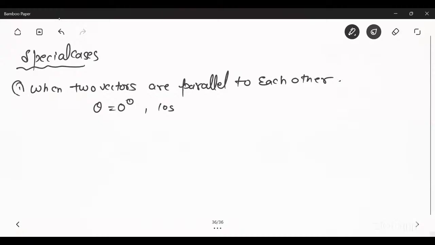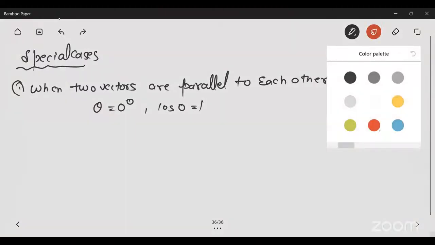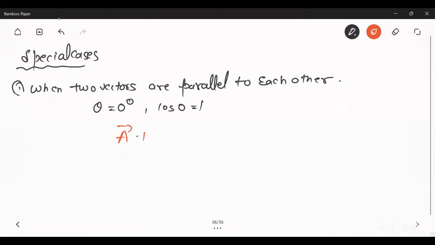So A dot B is equal to mod A mod B cos 0, and cos 0 is equal to 1. So A dot B is equal to mod A mod B.